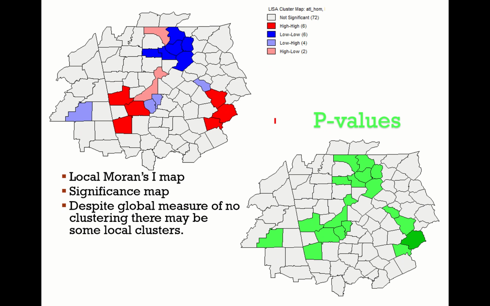And then I can perform the LISA in GeoDa. Again, that'll show me where I have low next to low, cold spots, and high next to high, hot spots. And I can also determine the significance values, the p-values, to determine whether and how significant those hot spot and cold spot clusterings are.